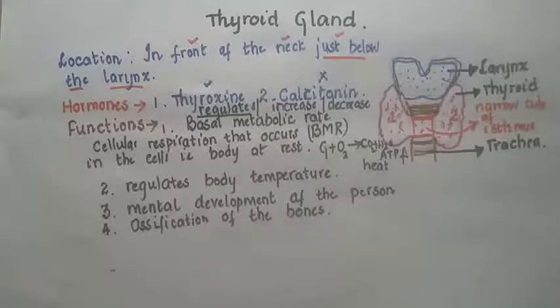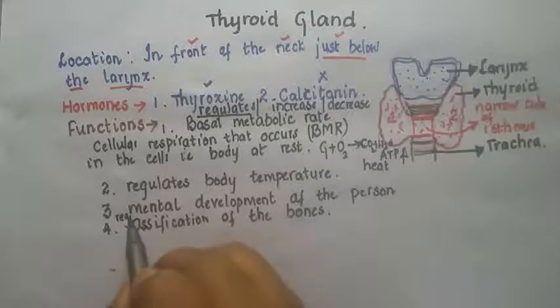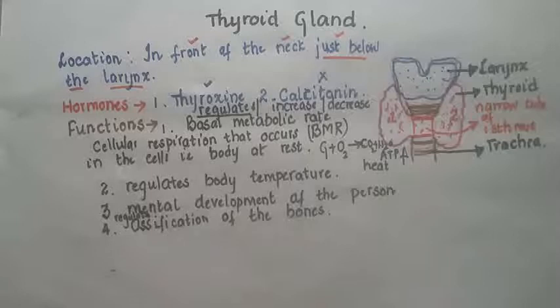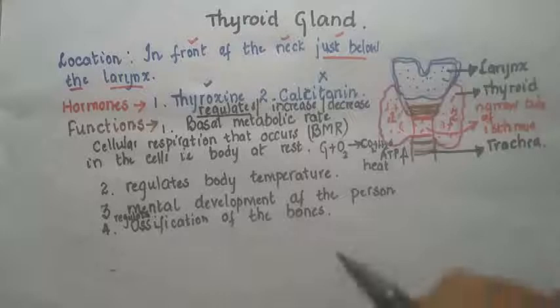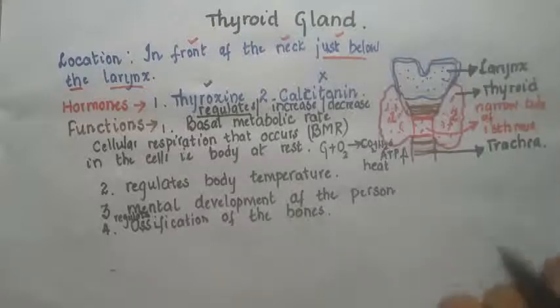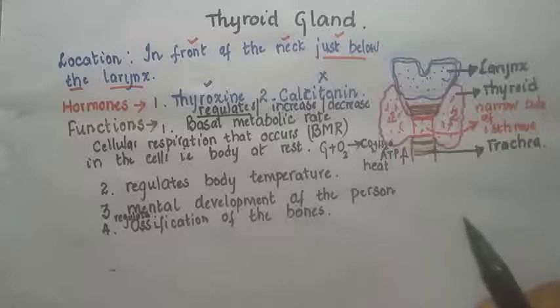It promotes, or you can say it regulates, the increase in the size of the bones, or it enables the deposition of bone cells into our bones, which helps in increasing the length of these bones. So the word ossification of bones is nothing but the deposition of calcium and phosphorus into our bone, thereby increasing the size of the bones.